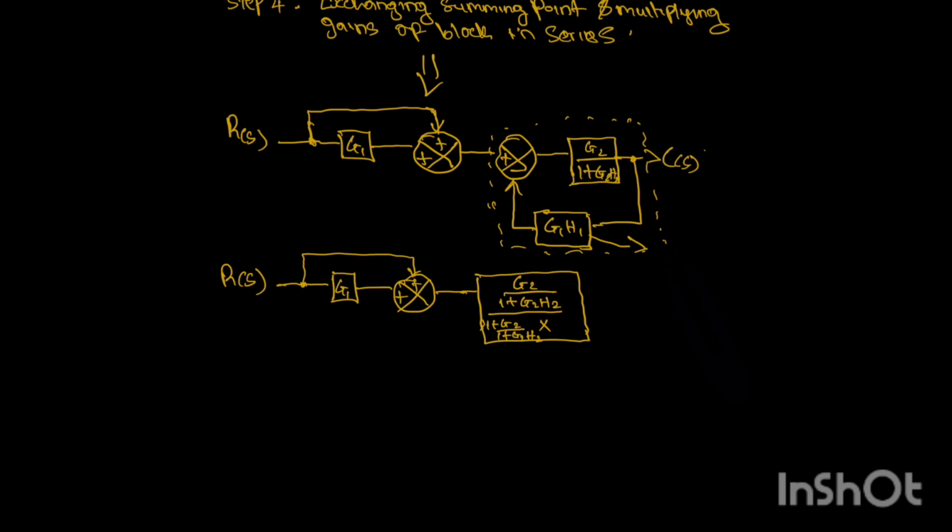We are going to call this H. So we have G1H1. So this is C of X.